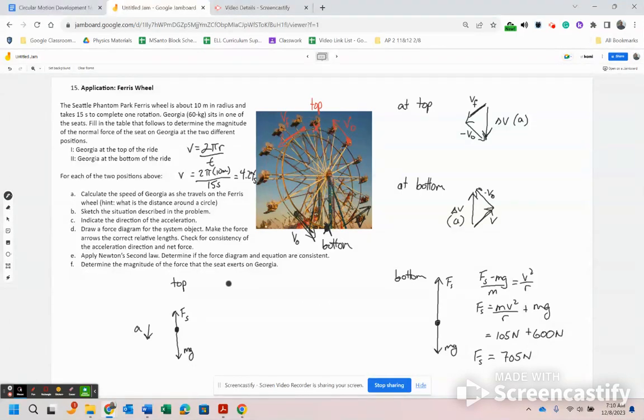Now at the top, we have the force of the seat pointing up. So since my acceleration is pointing down, I'm going to call down positive. So the seat will be negative plus mg over m is equal to v squared over r.